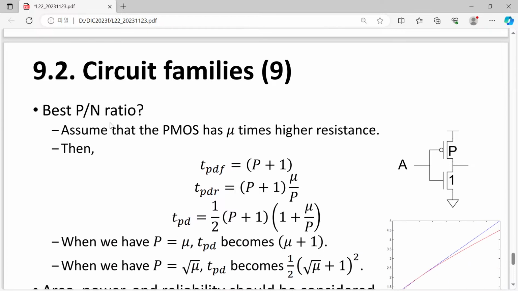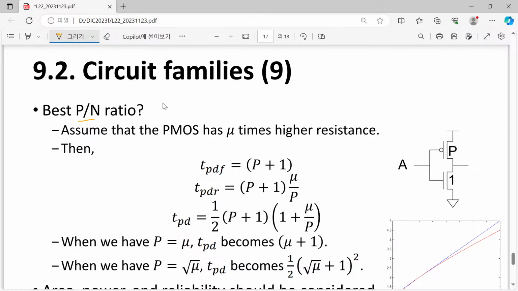the best PN ratio? In this slide, we first assume that we can individually control falling and rising transition time, then by taking their average, PDR, let's say that this is the average propagation delay.